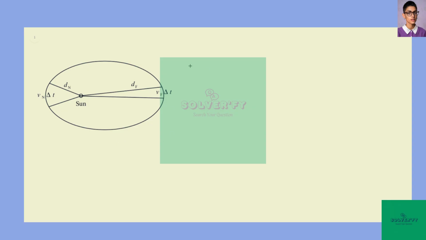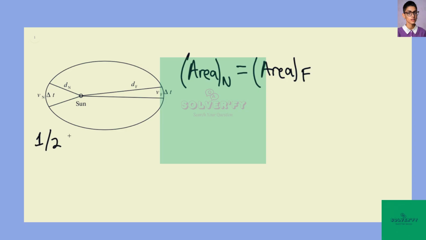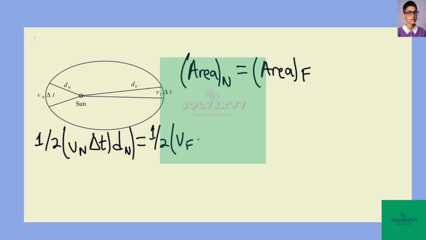So we can say that the area when Earth is near equals the area when Earth is far. And so we can say that 1/2 times the velocity near times the change in time times the distance near would be equal to 1/2 times the velocity far times the change in time times the distance far.